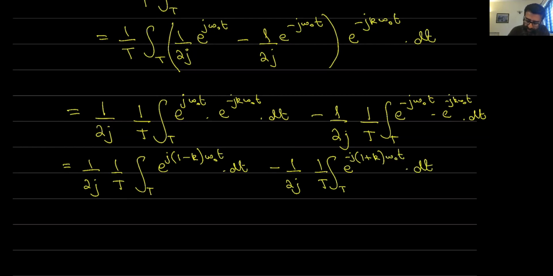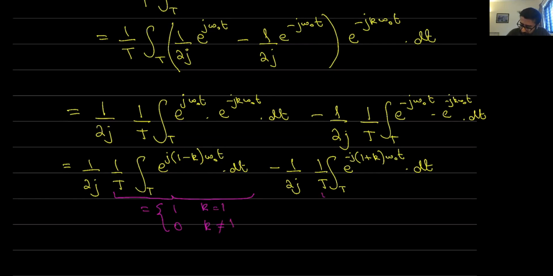And if you recall from our discussions in the previous module, I know what this integral is. I know that this integral is going to be equal to 0 whenever 1 minus k is not equal to 0, and is going to be equal to 1, because it's 1 upon T, whenever k equals 1. So this integral is equal to 1 whenever k equals 1 and is equal to 0 when k is not equal to 1.